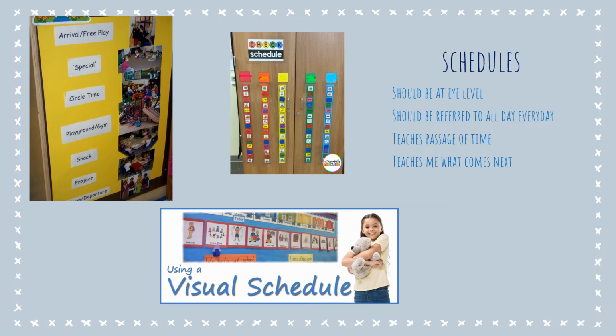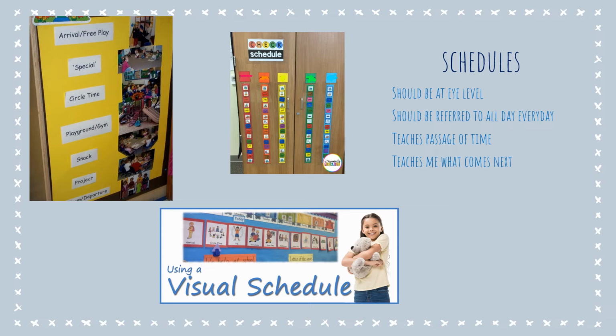Maybe that child needs to have an individual schedule, as I have some posted, those different colorful ones. Or maybe they need to carry an object from one activity to another to indicate that that schedule is changing. And in our next webinar, if you watch the follow-up to this, I'm going to talk about the hierarchy there is to schedules.